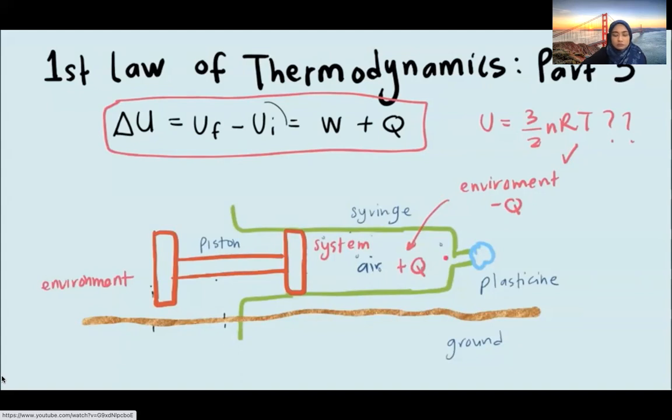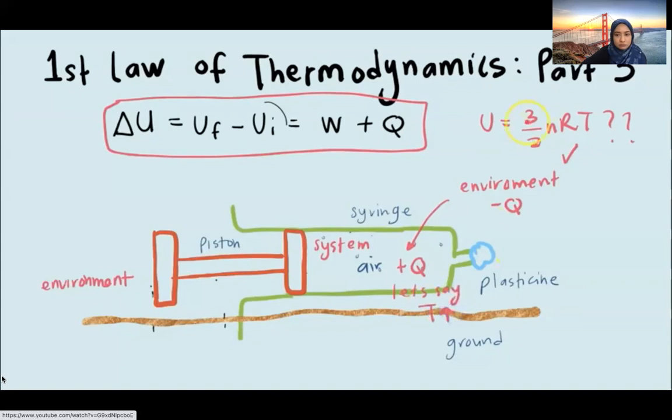When it absorbs heat, the temperature may increase, right? It may increase. It's not necessarily the case, but the temperature may increase in a certain case. So when the system absorbs Q energy, let's say the T increases.